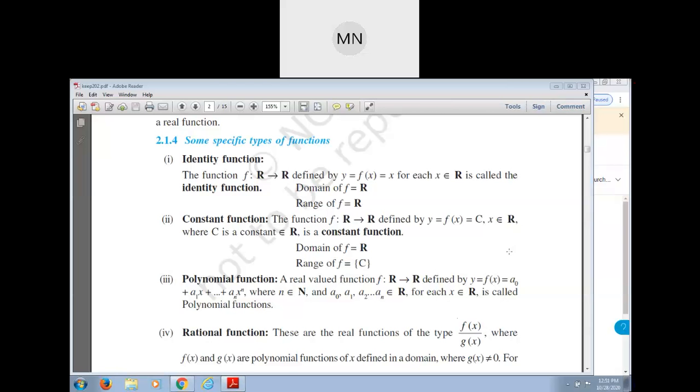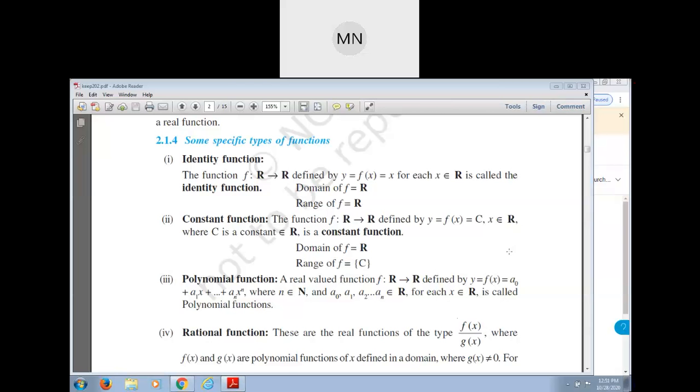Okay, if we define a function from R to R, where R is the set of real numbers, then we say that it is a real valued function. Okay, it is a real valued function. So we are going to discuss specific types of real valued function.